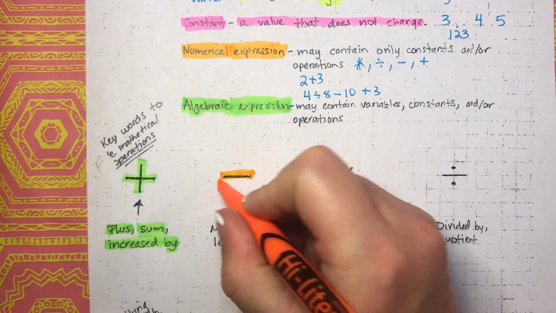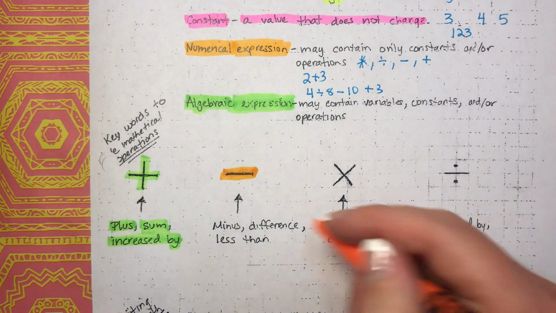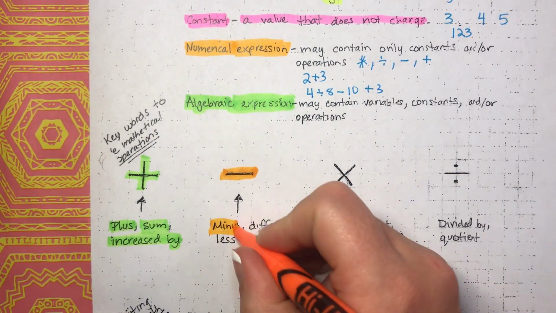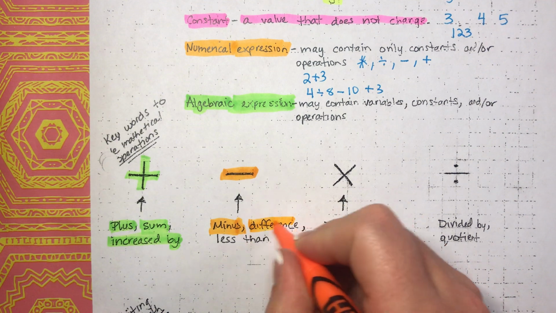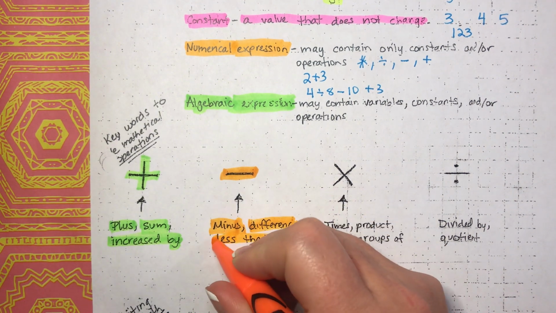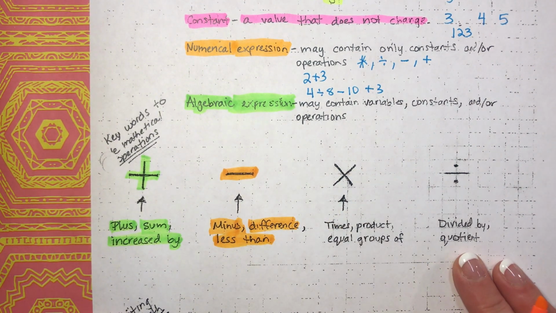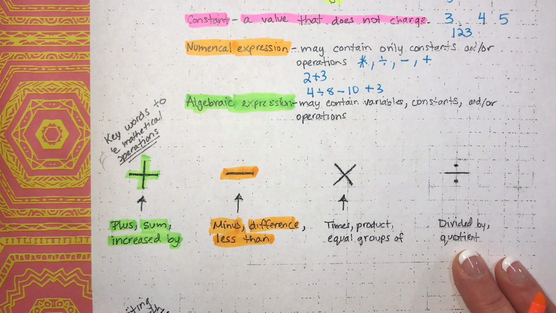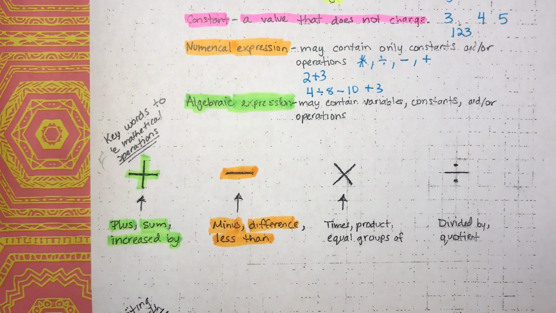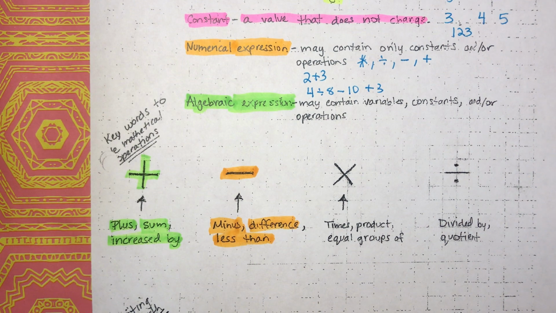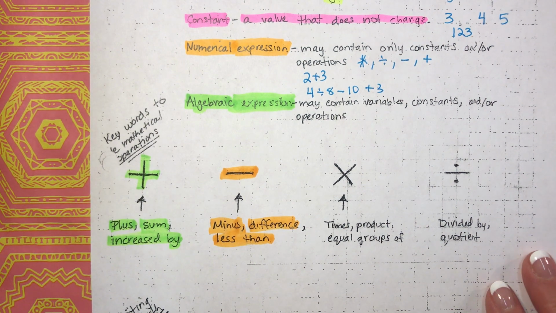Subtraction. The keywords for subtraction would be minus, difference, or less than. Those are all keywords for subtraction. Okay, the third would be multiplication.